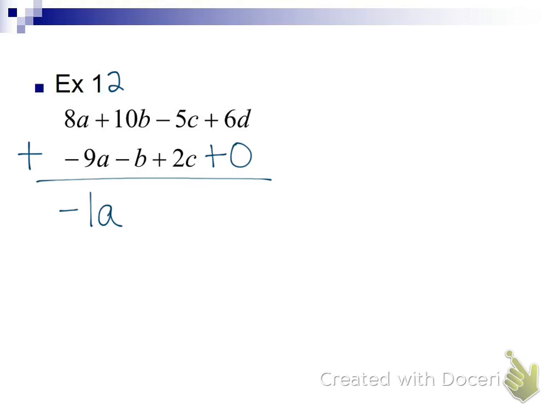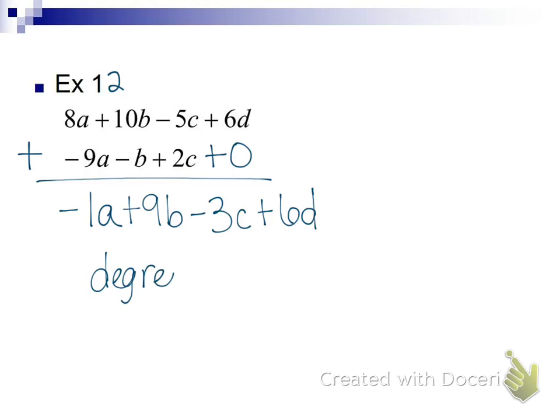Positive 10b plus negative 1b, positive 9b, negative 5c plus 2c, negative 3c, and on the end we would have plus 6d. Questions, concerns? What would the degree on that one be? A 1. They all have a degree of 1.